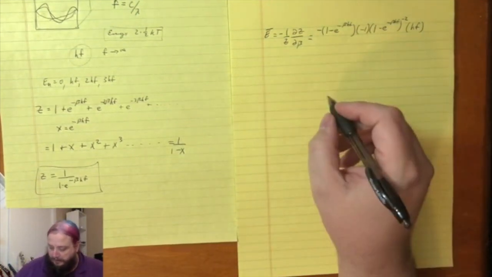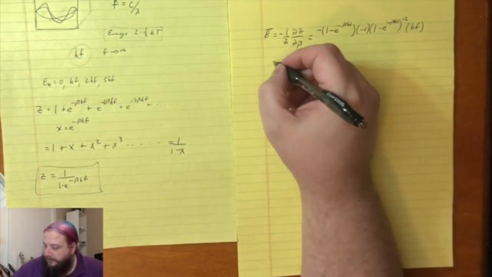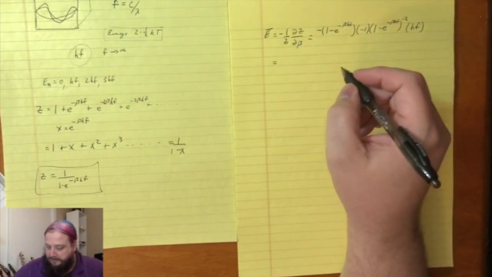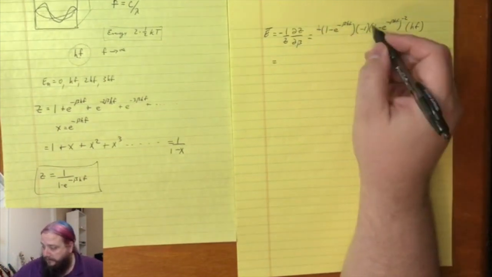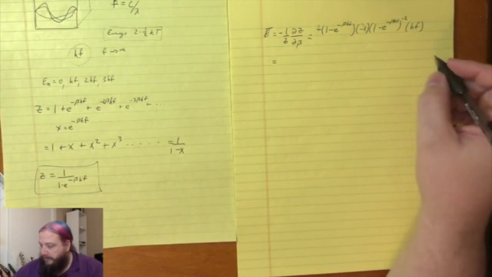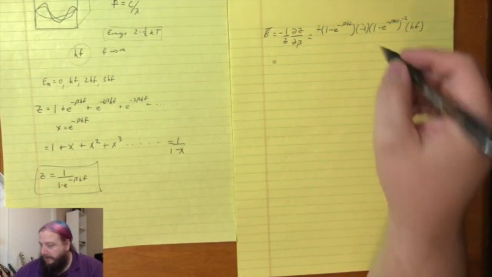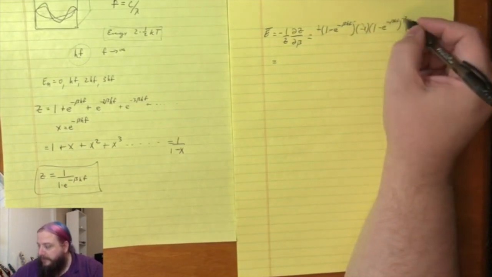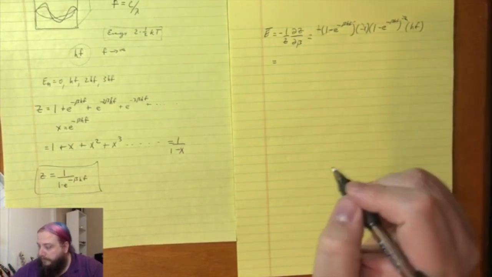And so expanding all this out, the minus is going to cancel with the minus 1, and this is going to cancel with one of those.